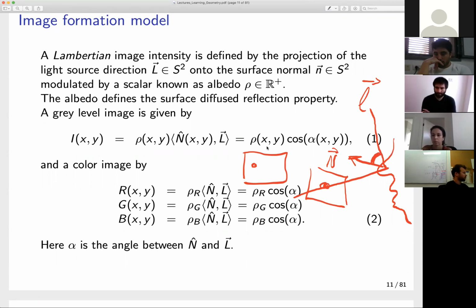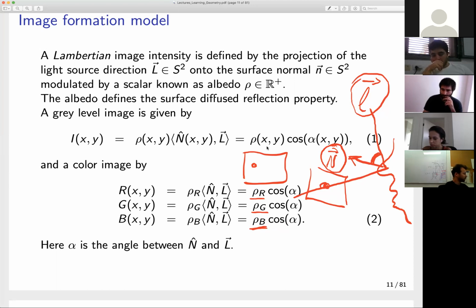And if we look at the color image and the object that we are looking at is not reflective, but rather Lambertian or diffusive, for which this law of projecting the light source to the normal applies, then for each and every point there is a scalar, and usually the scalar is the same for the same object, that multiplies the red, the green, and the blue channels.